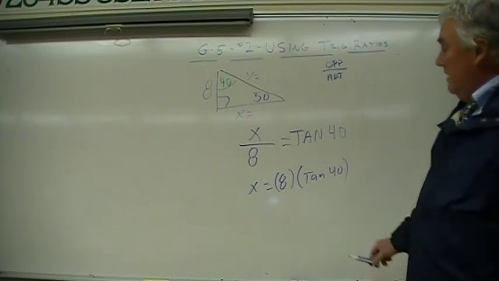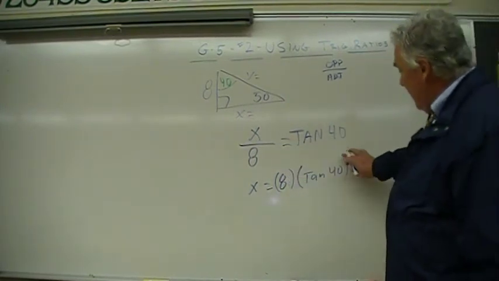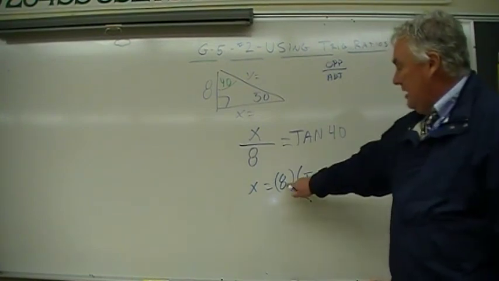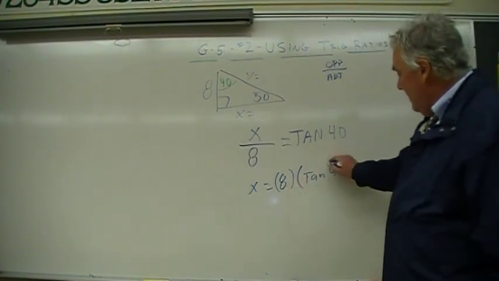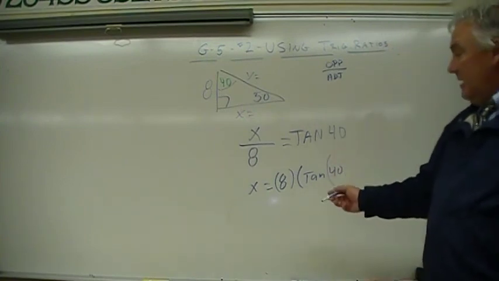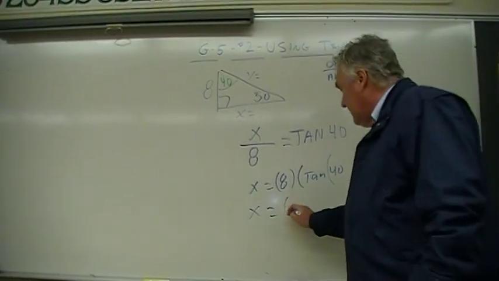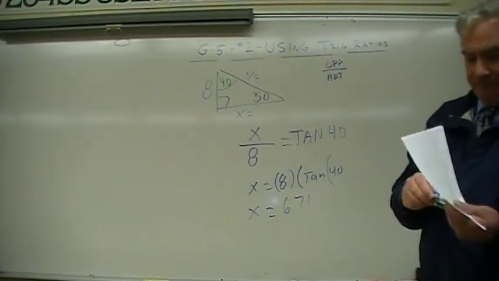So we're going to say that x is equal to 8 times tan 40. With your calculator, punch in 8 times tan. It'll come up like that. So put in the 40, then hit equal. And x is going to equal 6.71.